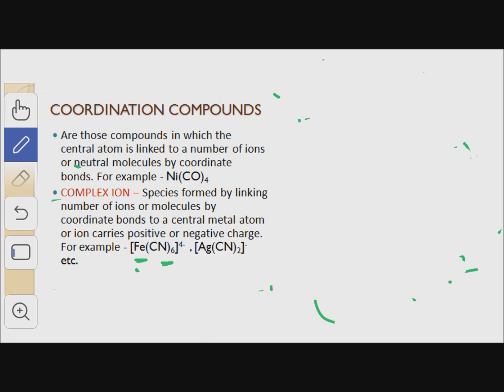CN is the negative ions which are linked to the Fe, the central metal atom. And this whole compound carries a 4 negative charge, and that's why it is called a complex ion. In the case of [Ag(CN)2]-, it carries 1 negative charge. That's why it is called a complex ion.